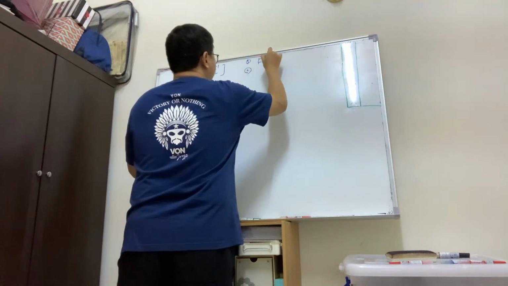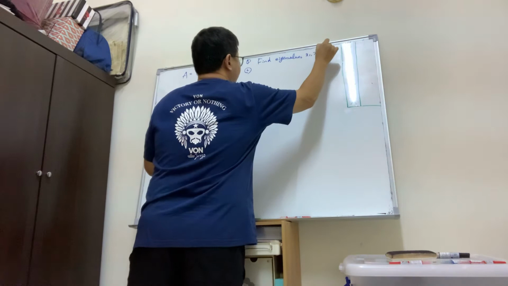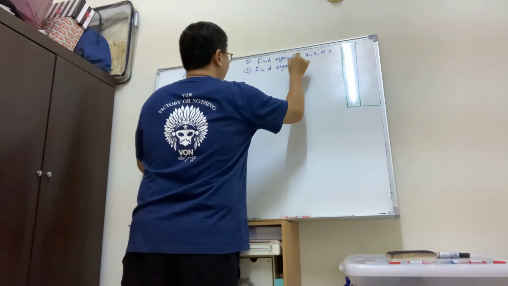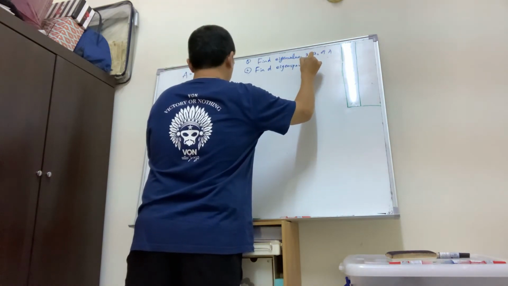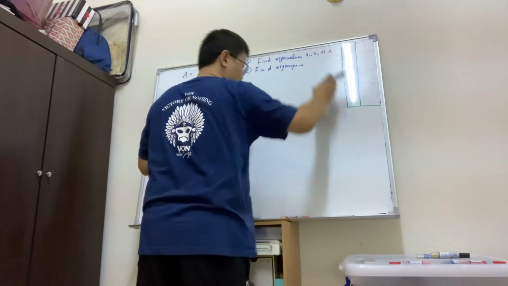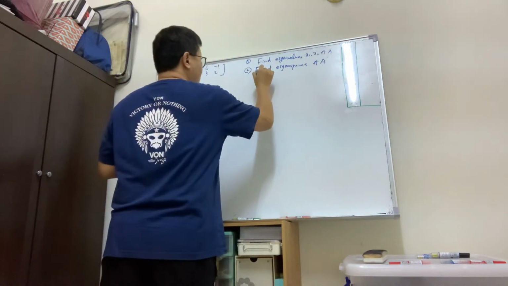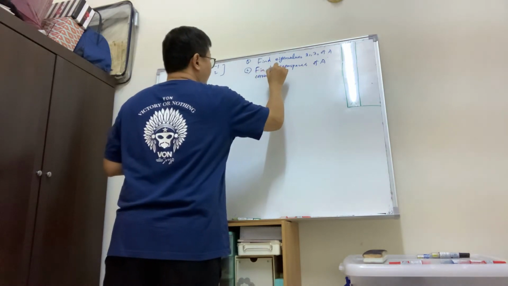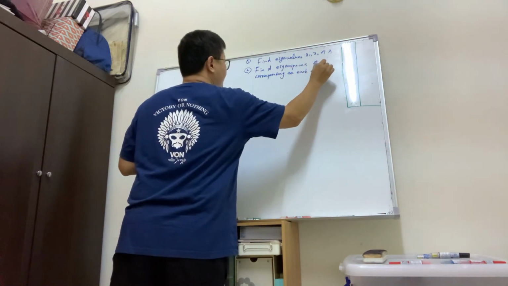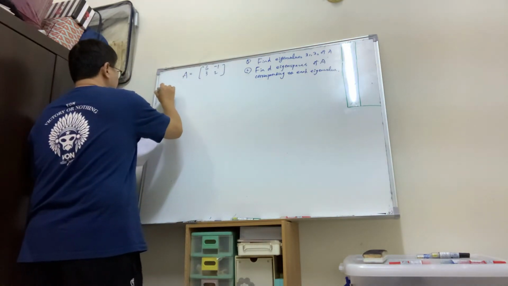First, find the eigenvalues lambda 1, lambda 2 of A. Second, find the eigenspace of A corresponding to each eigenvalue lambda. Okay, so now let's see how to solve it.